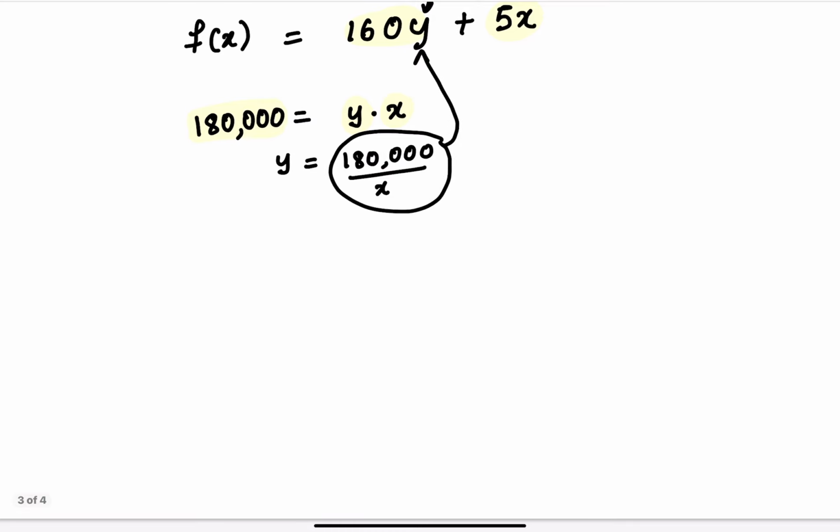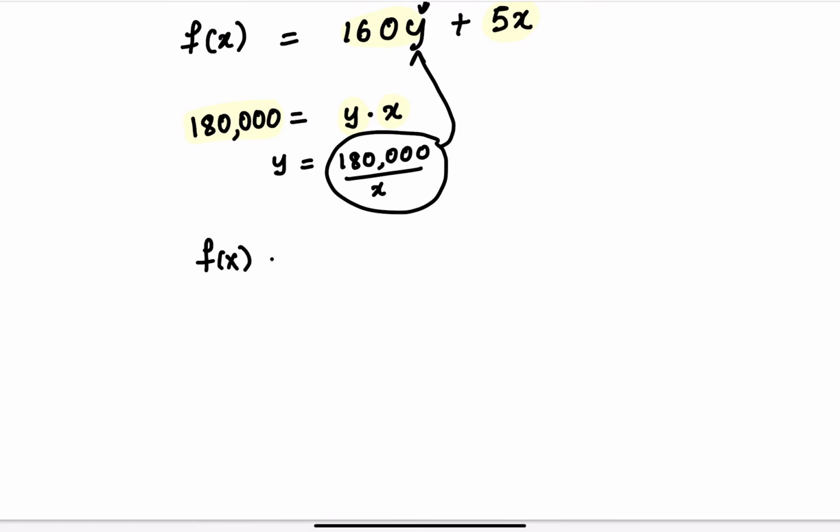Now, all I have to do is plug this in. My function f of x is equal to, these are going to be huge numbers, 160 times 180,000 divided by x plus 5x.